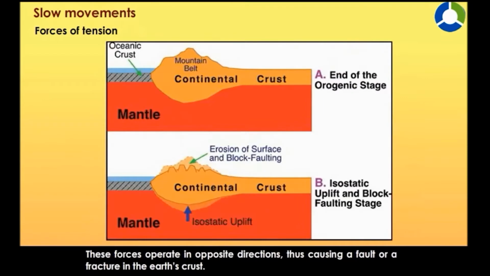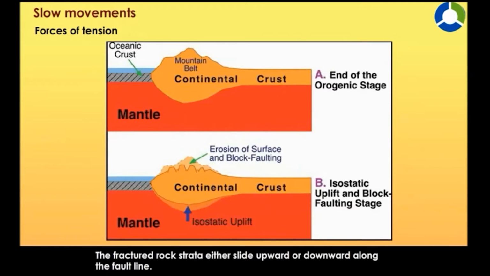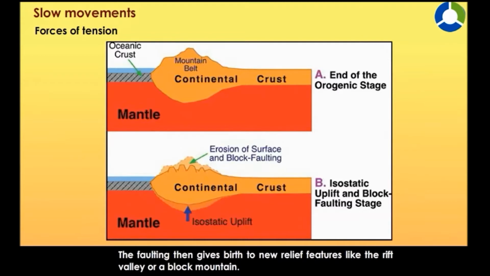Forces of tension. These forces operate in opposite directions, thus causing a fault or a fracture in the Earth's crust. The fractured rock strata either slide upward or downward along the fault line. The faulting then gives birth to new relief features like the Rift Valley or a block mountain.